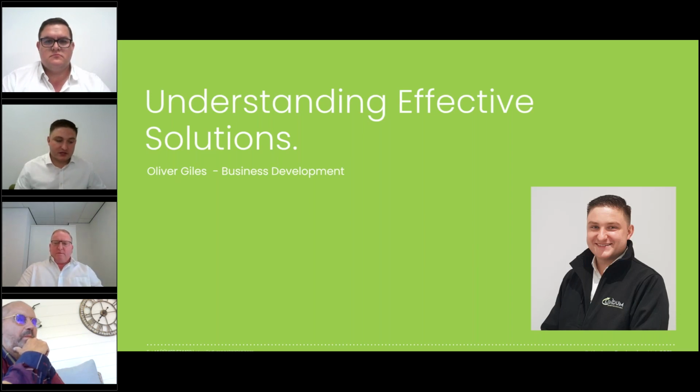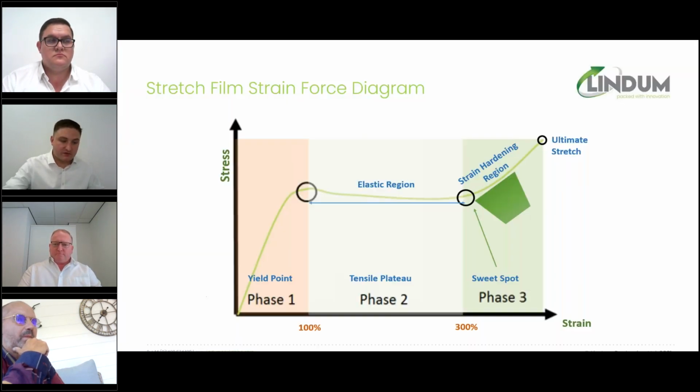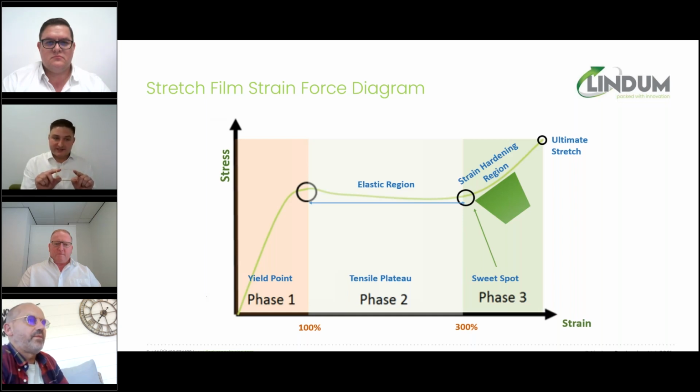But to put these in context, I'm just going to show a graph to try and explain how stretch film actually works. Now, this is a very technical looking graph, but put very simply, stretch film is stronger the more you stretch it. Think of it like an elastic band. When an elastic band is not stretched at all, it's doing nothing for you, and it's still got latent energy within the material.